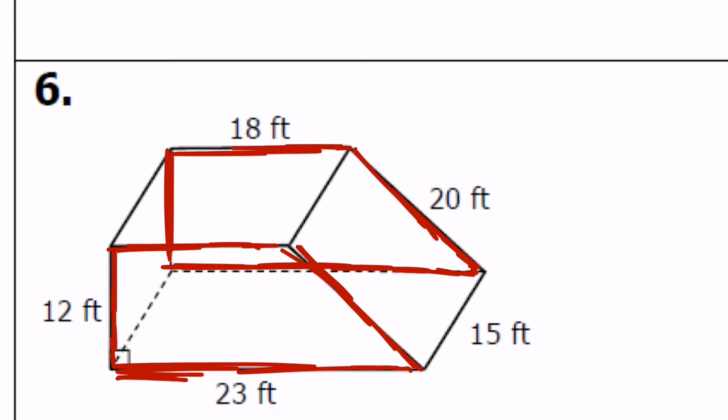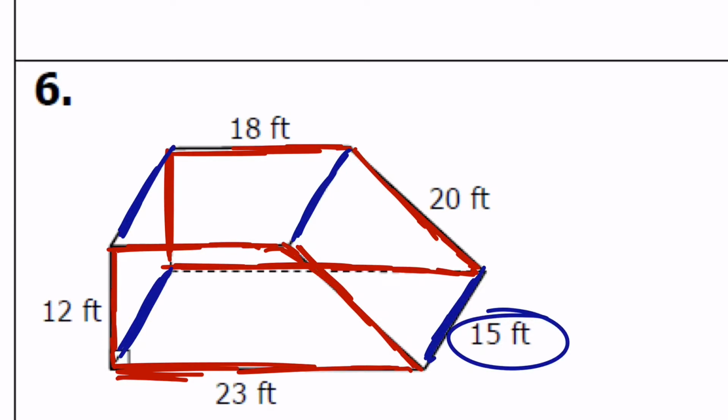Now distinguishing what the distance is between those 2 shapes can get a little tricky. I'm going to do it in blue. That is this right here. That means my height is 15 feet.